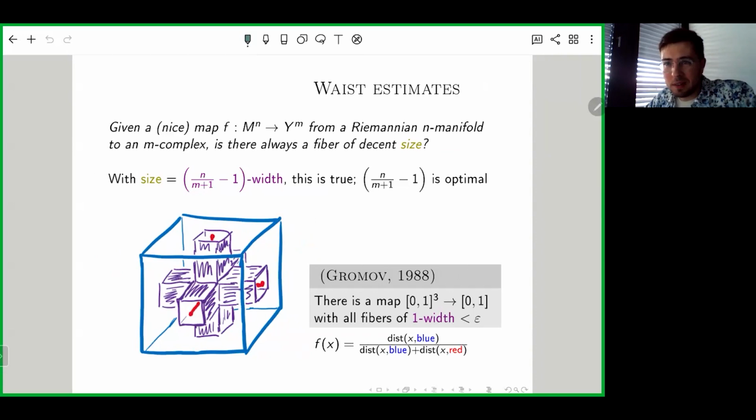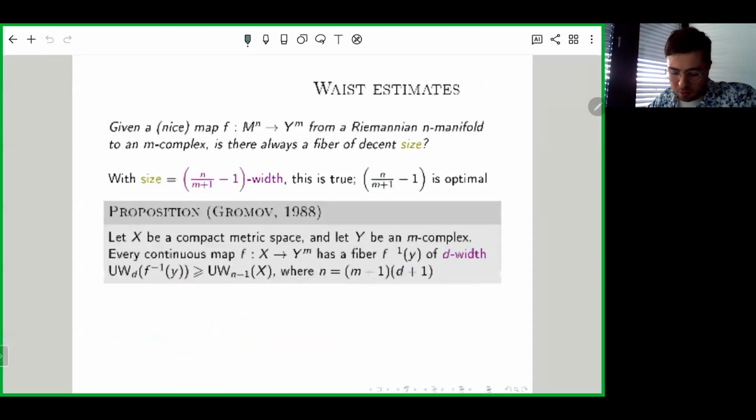This is the optimal parameter which can be placed there. So, yeah, the positive result in this direction is actually a small and pretty trivial proposition from the same paper of Gromov.